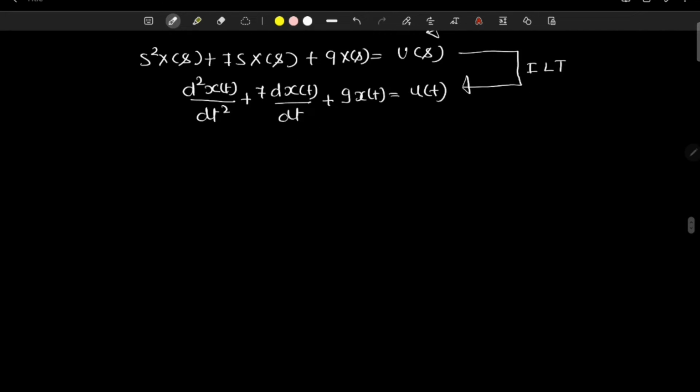Now, what we did in the previous question, we need to take x of t as x1. So what will be the differentiation of x of t?